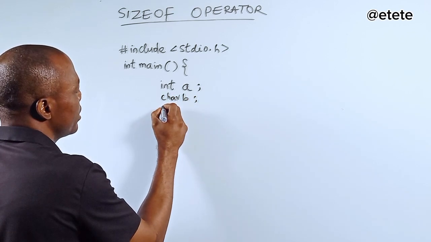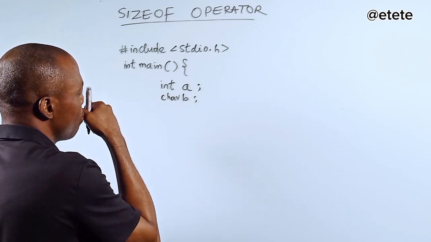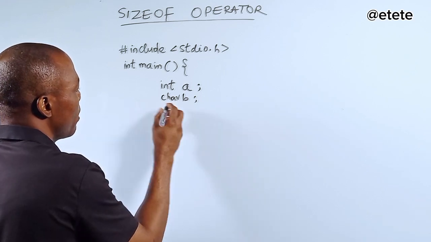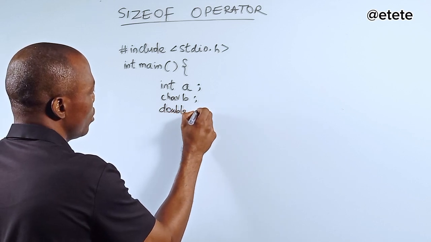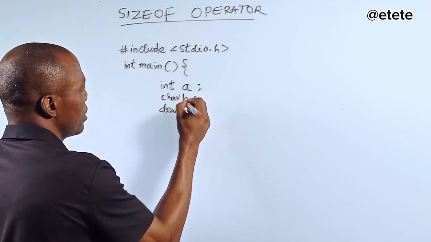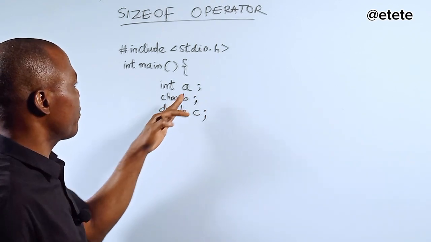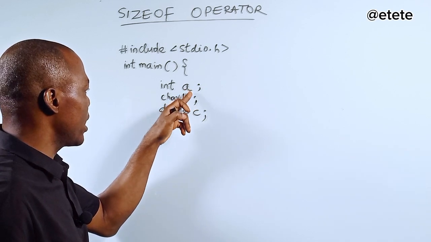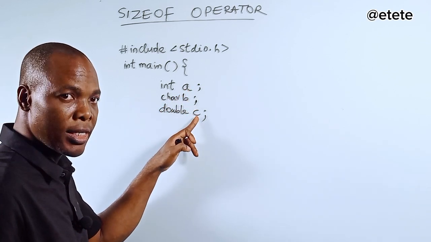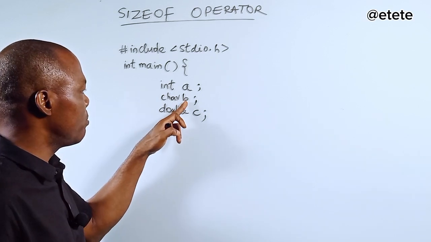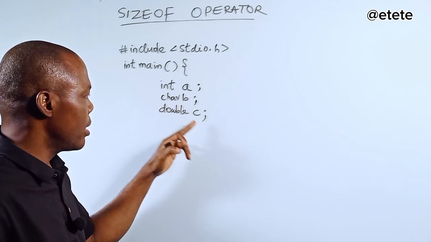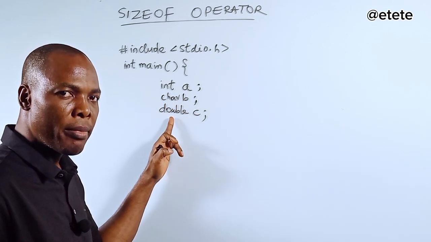Then this one, let's do double c. All right. So I have created 3 variables. This is a, this is b, and this is c. But this a belongs to the integer realm, this b belongs to the character realm, and this c belongs to the double realm.